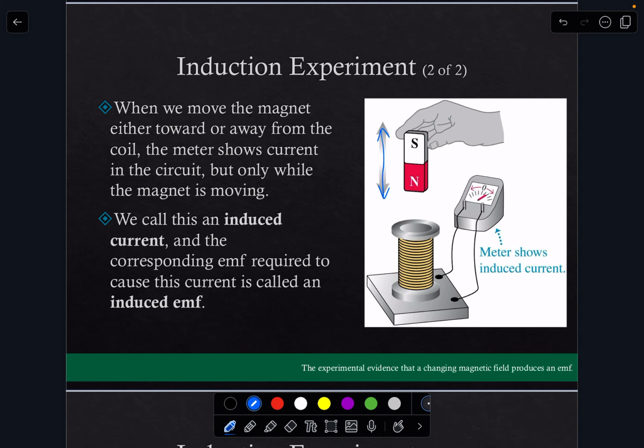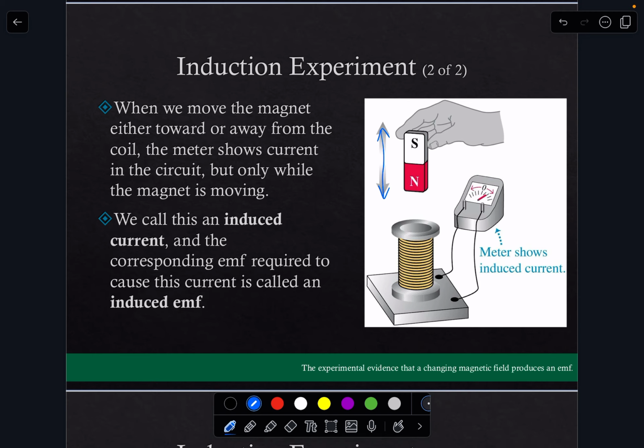A current appeared in the wire, even though it's not hooked up to a battery, it's not hooked up to anything, all right, except a measurement device. So pulling this magnetic object close to and farther away from this wire allowed current to flow through it.